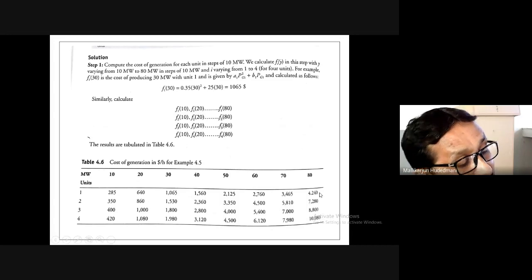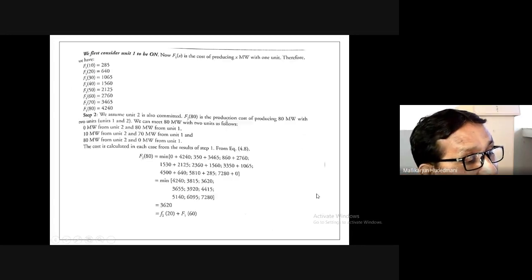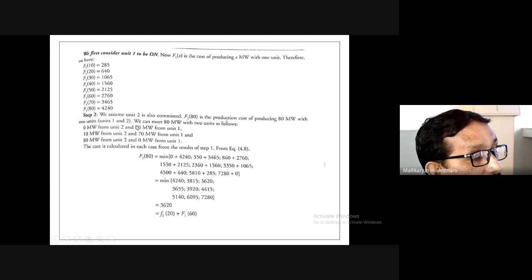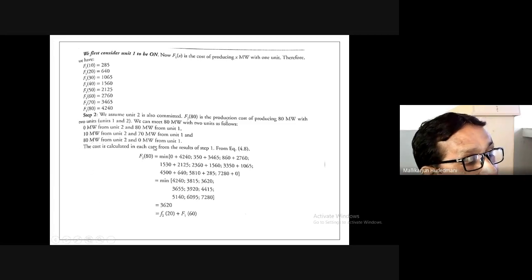This is how I can combine. This is the combination I am mentioning here: 0 and 80, 10 and 70, and so on up to 80 and 0.